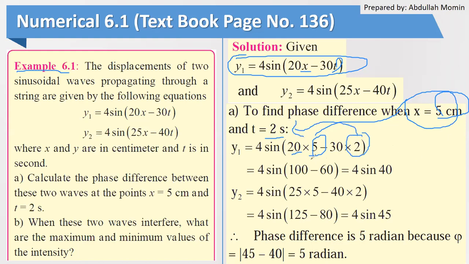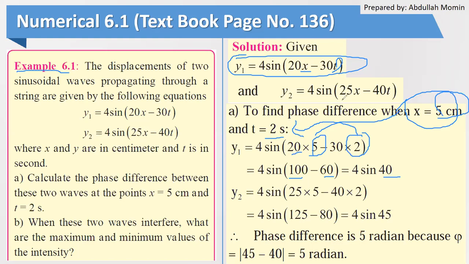So 20 into 5 means 100, 30 into 2 means 60. So now y1 can be written as 4 sine (100 minus 60). Now 100 minus 60 is 40. So we will write 4 sine 40. This is your y1.